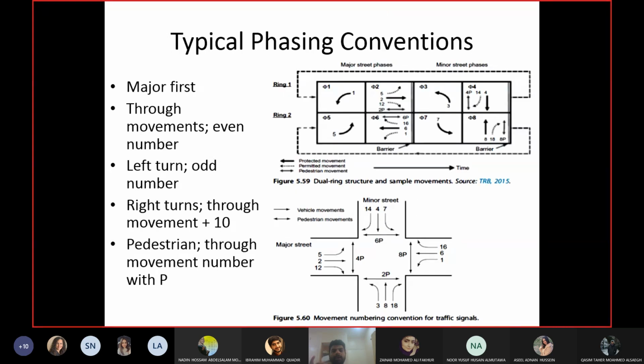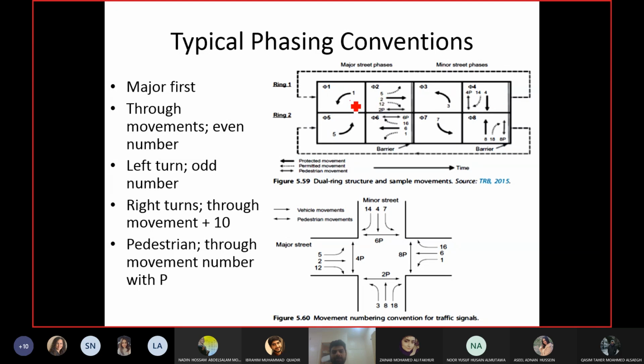When you are developing the phasing plan, you have to code the movements. First of all, we arrange the movements into rings. Each ring shows the movement from one side of the signal, from one face of the signal, F-A-C-E, face. So you can see a ring diagram here.